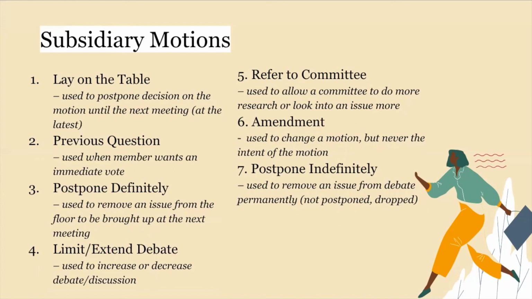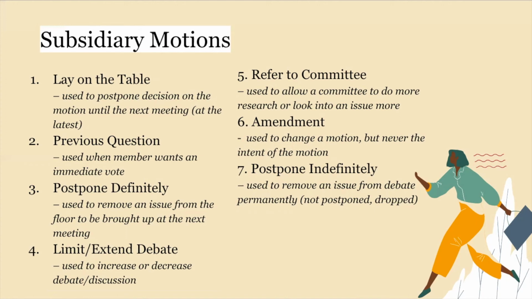Previous question is used when a member wants to force an immediate vote on a motion. And because this is so powerful, it requires a second. It's not amendable, not debatable, and it needs a 2/3 majority vote. And whoever is speaking cannot be interrupted, of course.